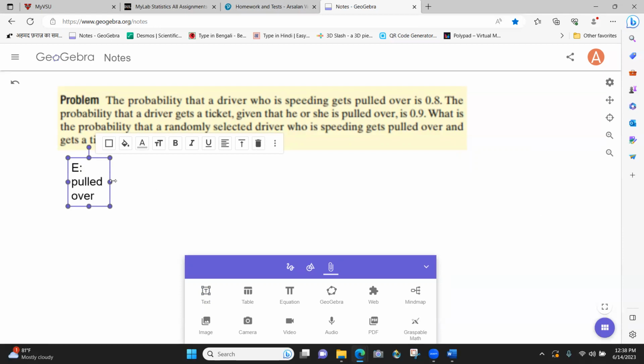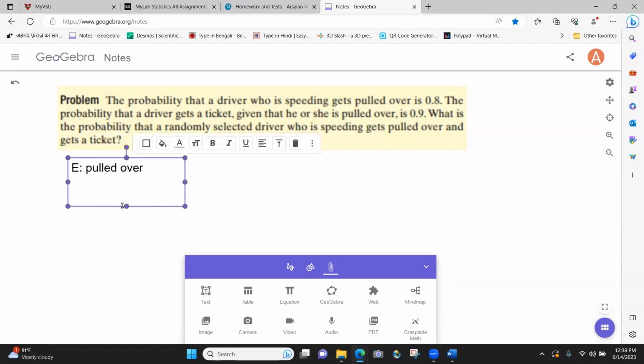The event of being pulled over is E. Just because you're pulled over doesn't mean you're going to get a ticket. The probability that a driver who is speeding gets pulled over is 0.8. And the probability that a driver gets a ticket, given that he is pulled over.